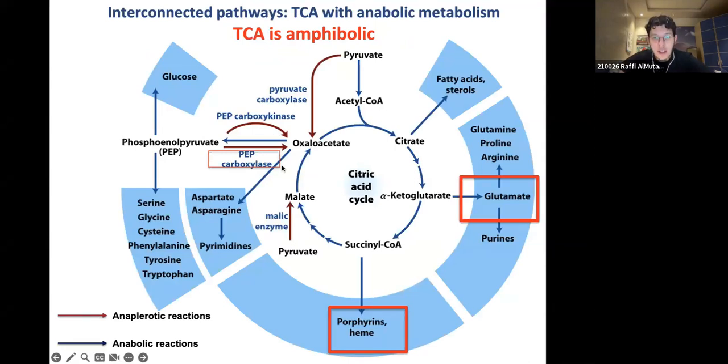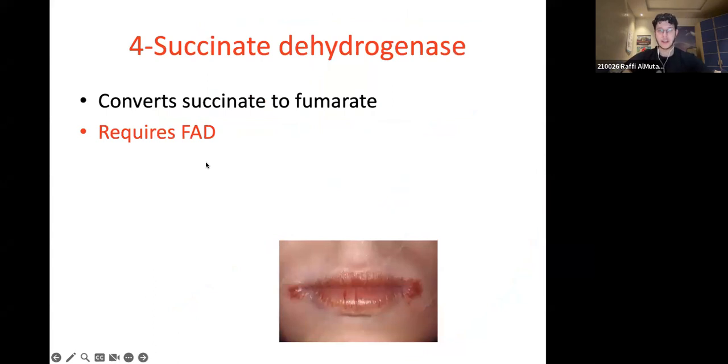I'll repeat dermatitis. Right here, we have succinate dehydrogenase. Succinate dehydrogenase is responsible for converting succinic acid into fumarate. This step requires FAD. FAD comes from B2, which is riboflavin. So B2 is needed for this reaction.